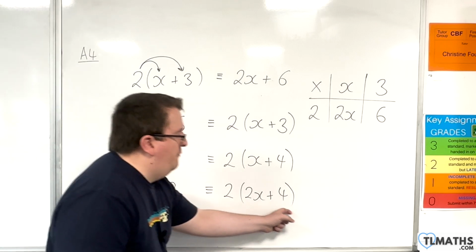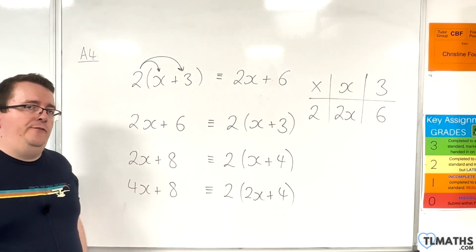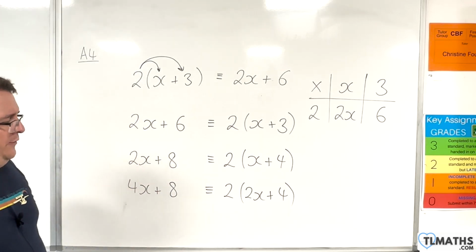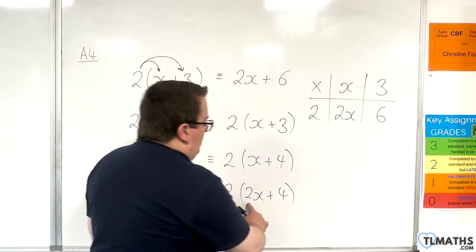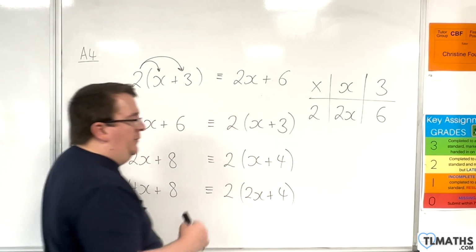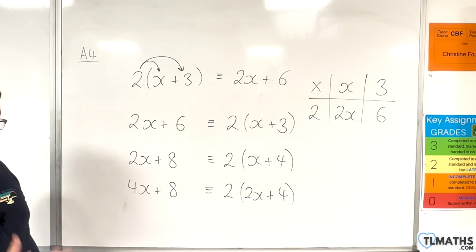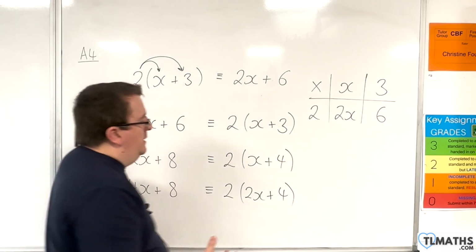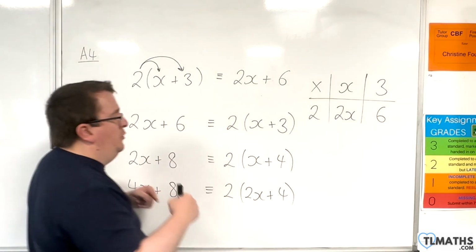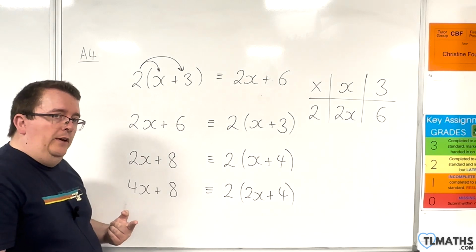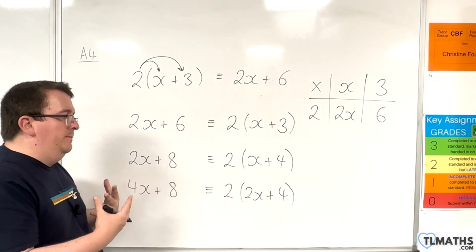But we wouldn't refer to that as fully factorized. And the reason for that is because 2x plus 4 has a factor of 2. Okay, so the 2x plus 4 could also be factorized, and we could factor 2 out of that.